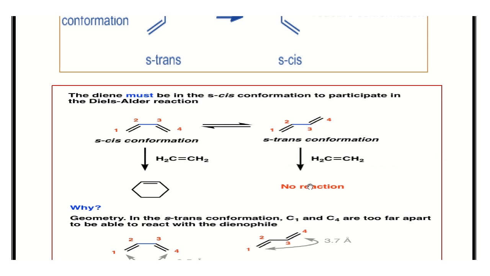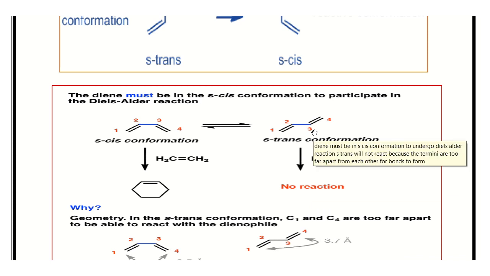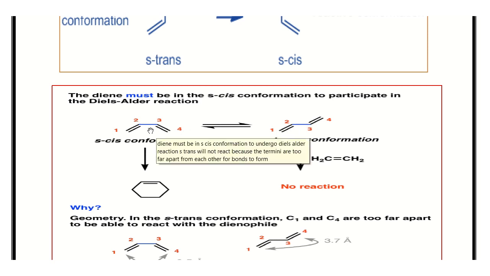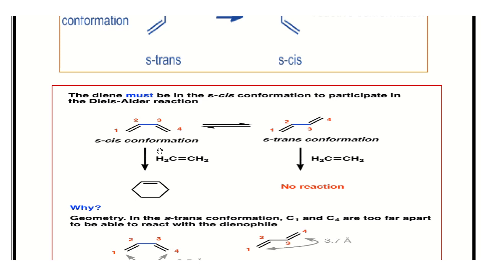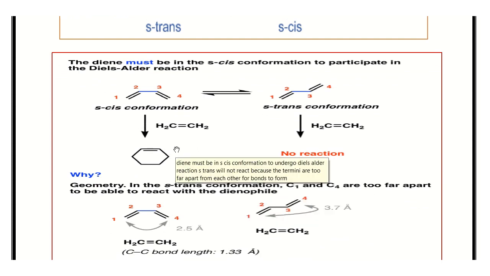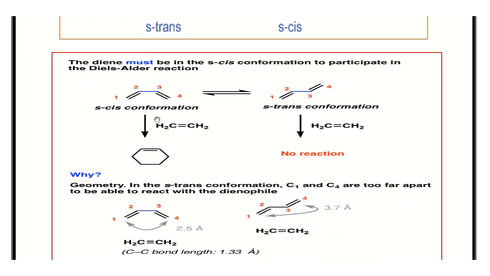So they do not undergo the Diels-Alder reaction because there is a huge distance or bond angle between these 2 unsaturated double bonds. On the other hand, S-cis conformation can easily undergo because they are in the same plane, and the bond distance is not that far apart. So this molecule can easily undergo the reaction.